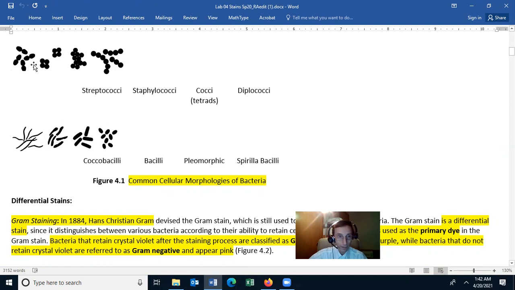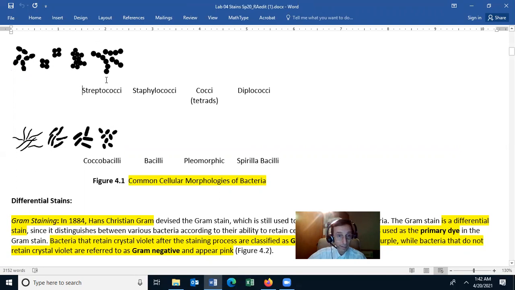This right here is staphylococci, and then this right here is streptococci.